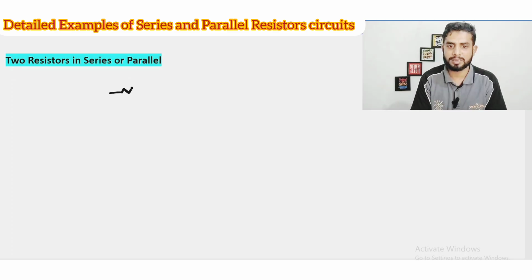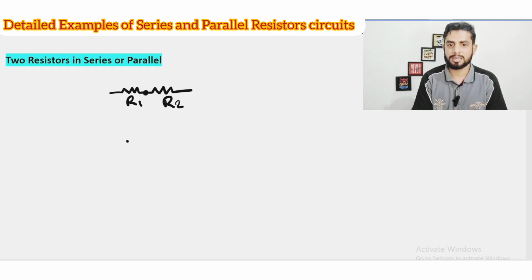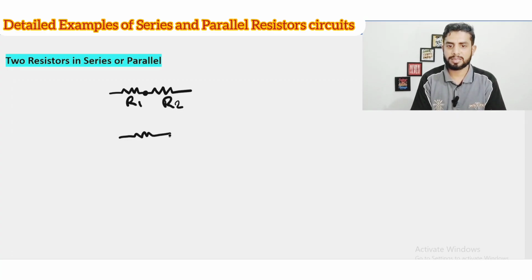For example, these are 2 resistors. I will name them R1 and R2. If two resistors have only one common terminal, these resistors are in series. Another way, if the start and ending points of two resistors are in common, it means these resistors are in parallel.